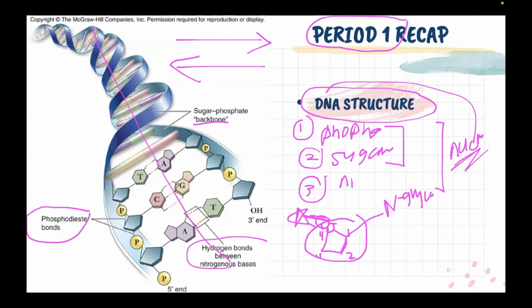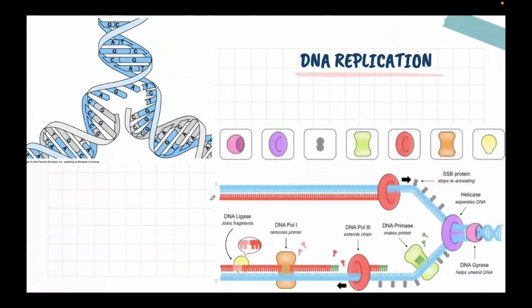Yun yung tawag nating hydrogen bonds. Yung itong dalawang ito, hydrogen bonds yan, yun yung nagko-connect sa adenine and thymine. Pag tatlong hydrogen bonds, yun naman yung nagko-connect sa cytosine and sa guanine. So, that is basically the DNA structure. Meron pa ba tayong i-add for that one? Wala naman na. So let us proceed with the DNA replication.